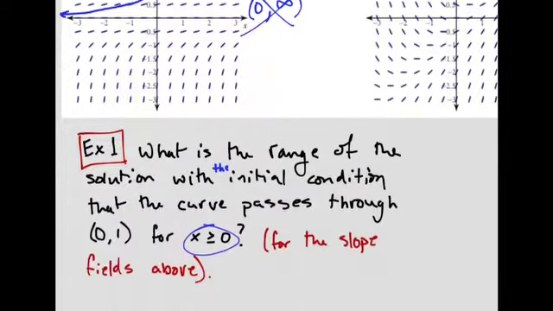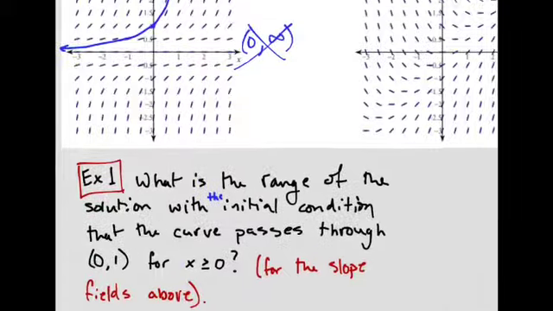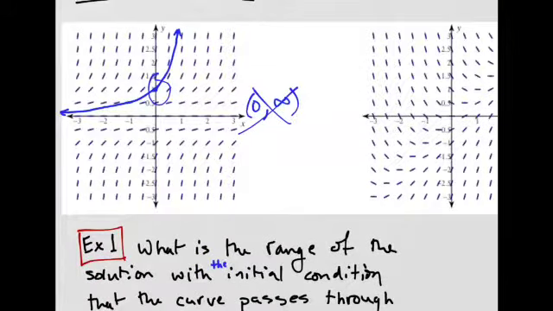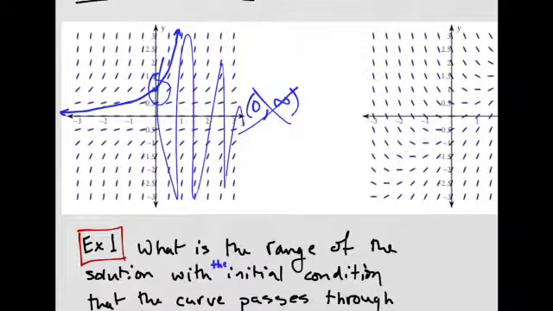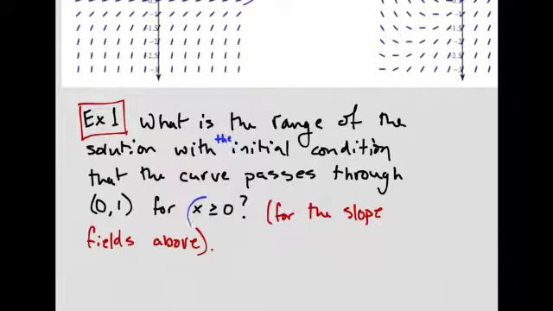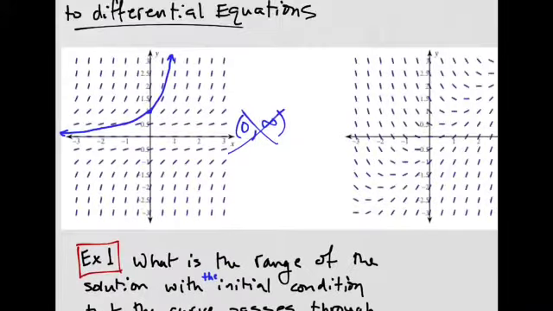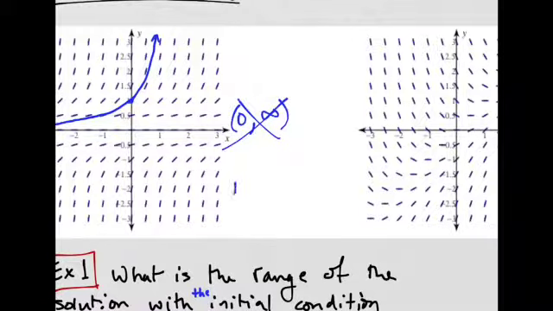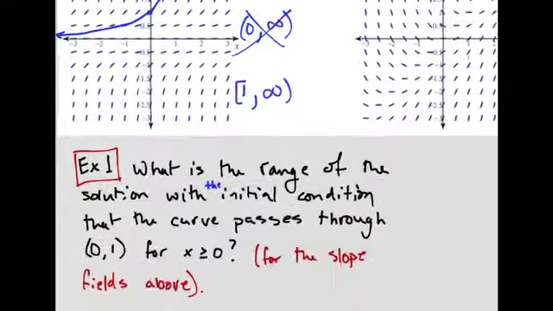So from this side of the graph, the smallest point would be 1. And we're including when we plug in 0, so we include the y-axis. So that would be from 1, including, all the way to infinity.